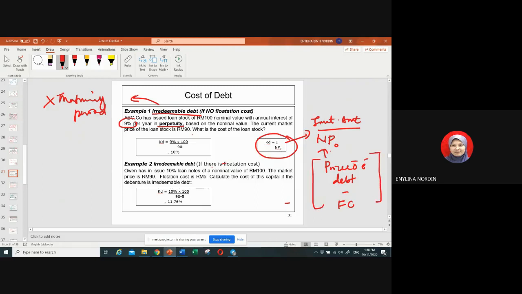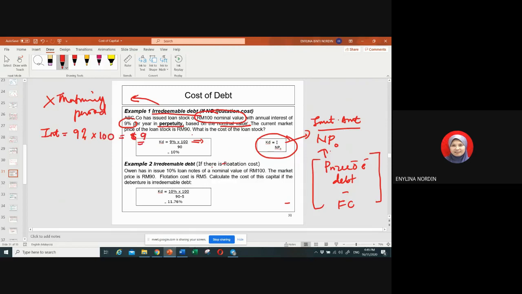Since in this example the company is not incurring any flotation cost, it's more straightforward. I already mentioned that the interest must be based on the nominal value or par value. The par value of this debt is 100 ringgit. So the interest amount will be 9% multiplied by 100 ringgit, which is 9 ringgit.